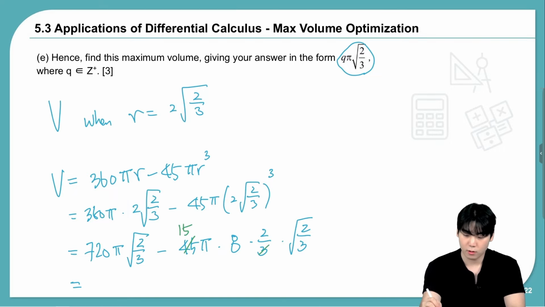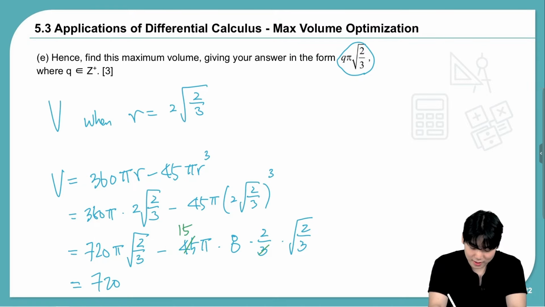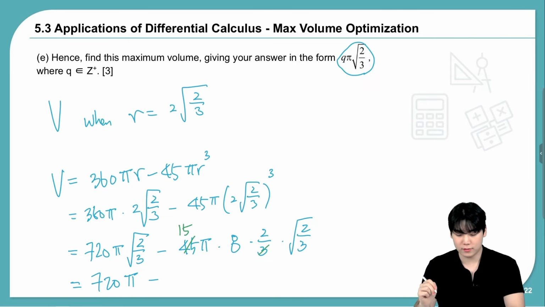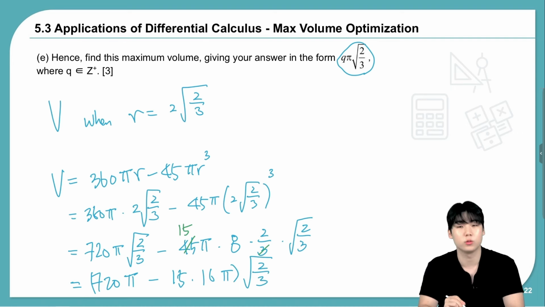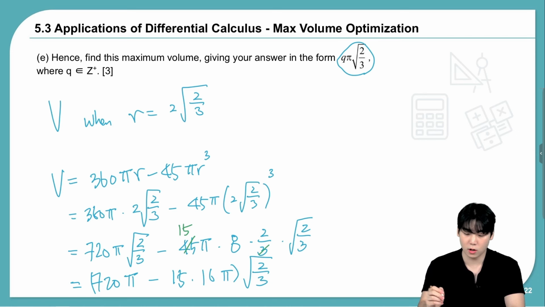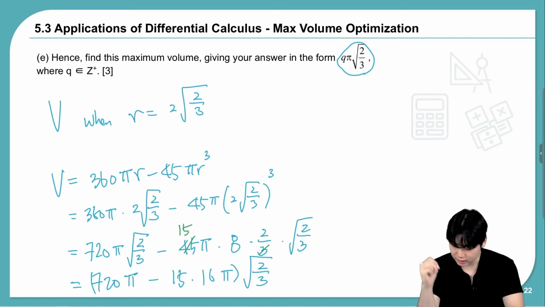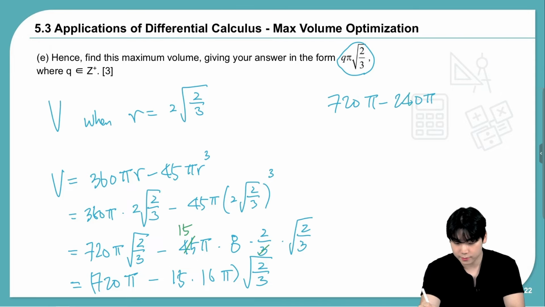Then I have 720 pi minus, what's 15 times 16? 16 times 15 pi, all root 2/3. So 15 times 16 turns out to be 240. So 720 pi minus 240 pi root 2/3.